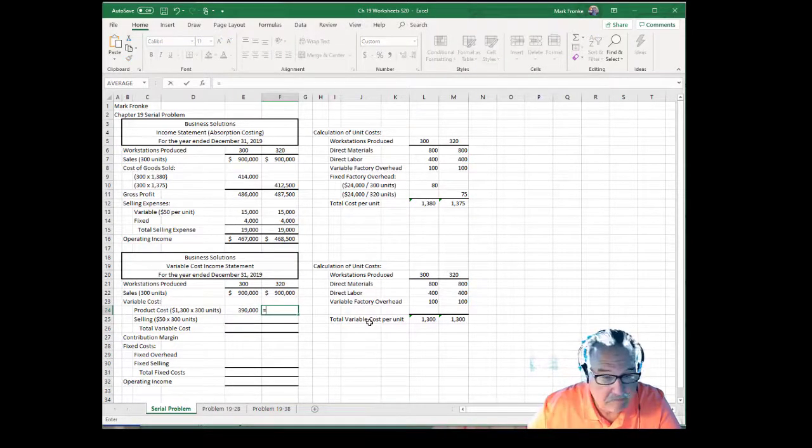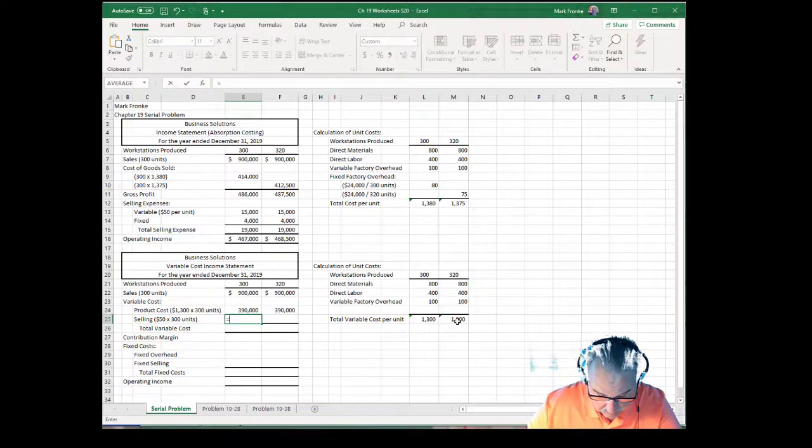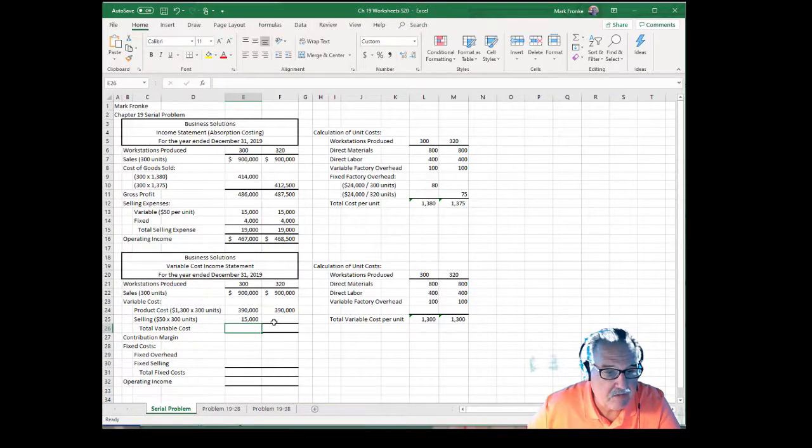We have the same variable cost if we manufacture 320, and now our variable selling expense is $15,000, so we're moving that up above contribution margin.